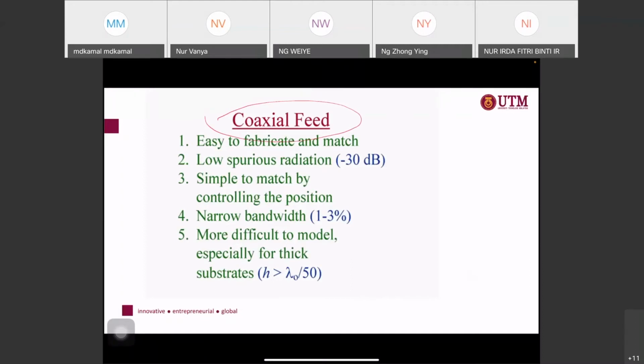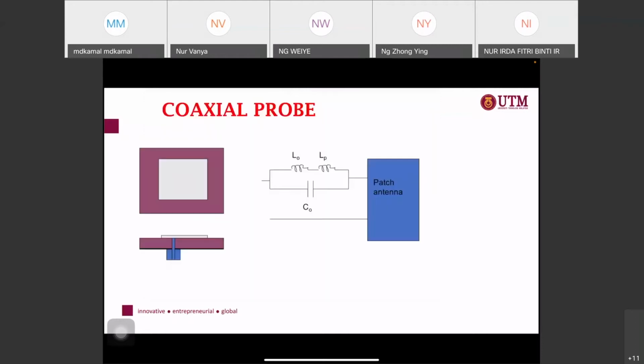It is easy to fabricate, with low spurious radiation, and simple to match by controlling the position. As usual, we have a very narrow bandwidth and it is more difficult to model for thick substrate. This is an example of the coaxial probe, where you have the antenna on top, then a ground plane, and you match toward your coaxial cable here.